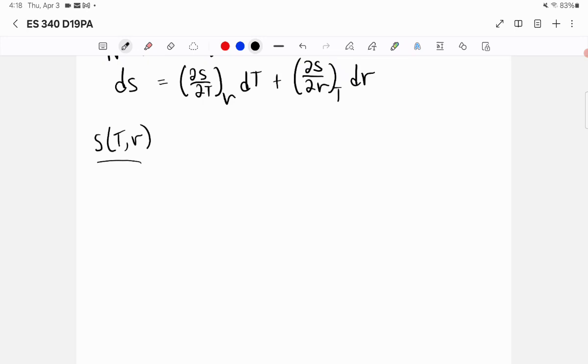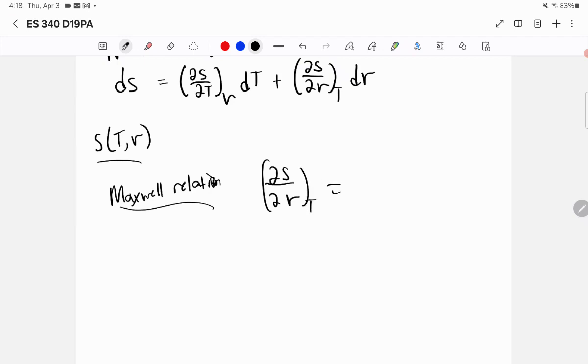But in any case, we can go back again using one of the Maxwell relations. There are many Maxwell relations, but we can use one of them, which again is that ds/dv held at constant T is equal to dP/dT held at constant v.